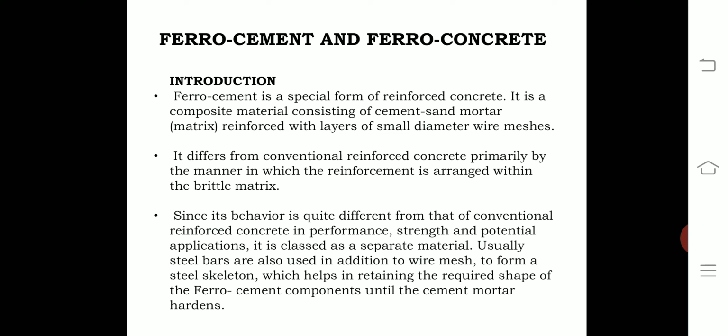In addition, it eliminates the use of formwork, particularly for complicated shapes. Ferrocement is used in thin walled structural components where strength and rigidity are developed through form and shape, and hence they are lightweight. In view of this, ferrocement is ideally suited for prefabricated construction and in particular for housing applications.